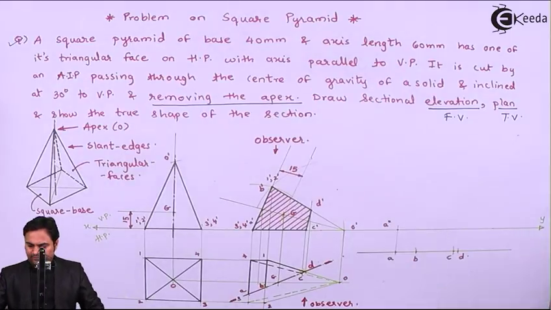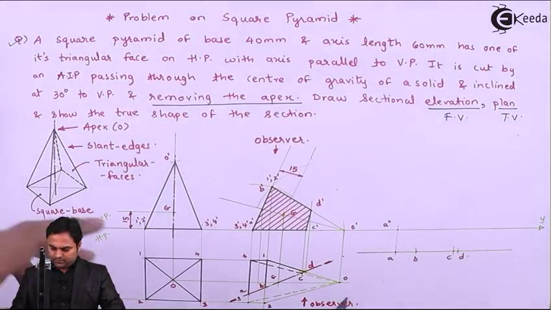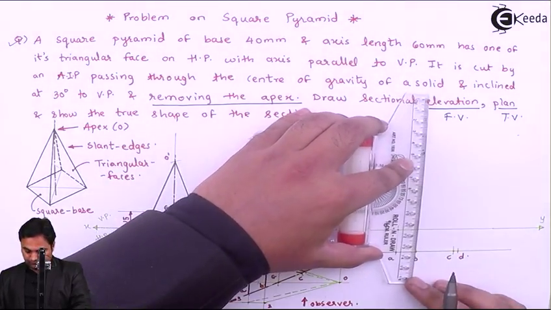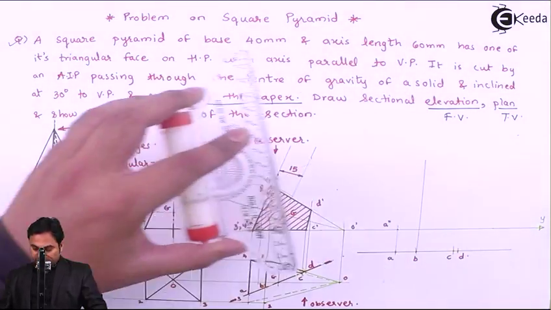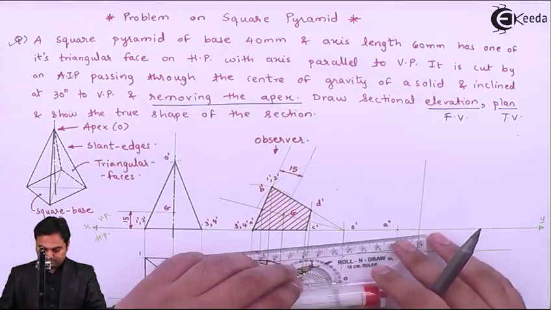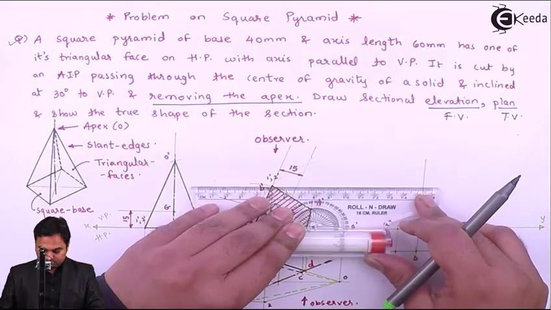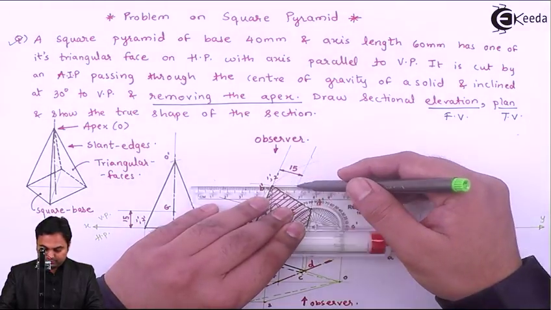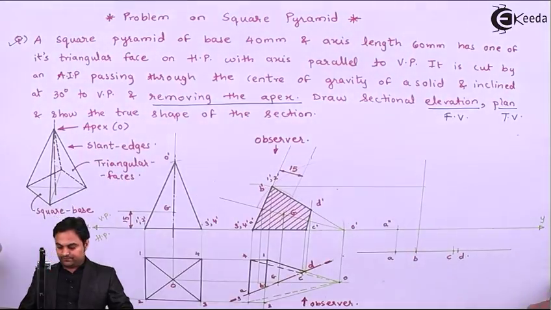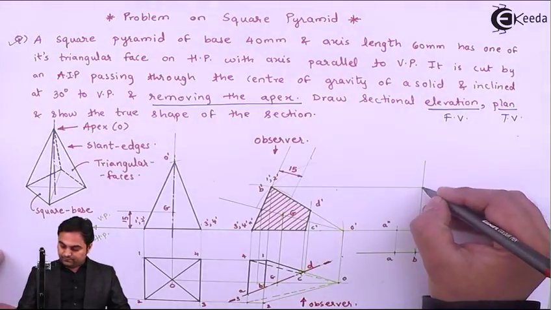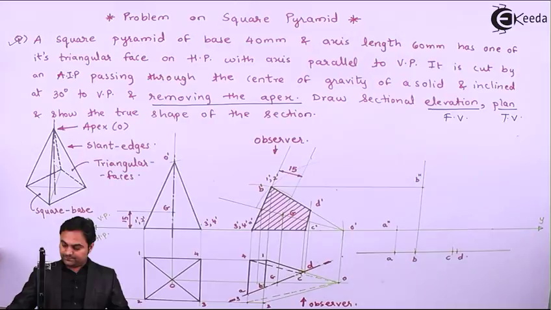After getting point A double dash, I'll project point B with a light line, and projecting B dash horizontally. So where B and B dash intersect, that will give me B double dash.